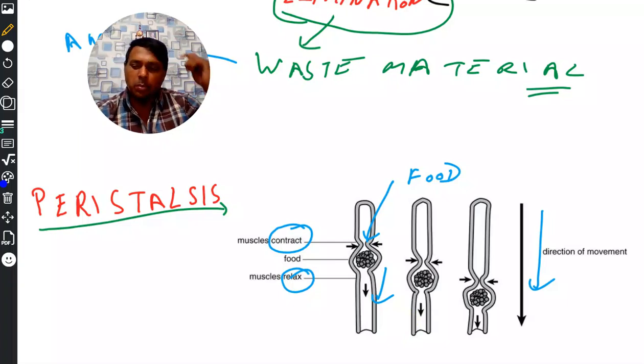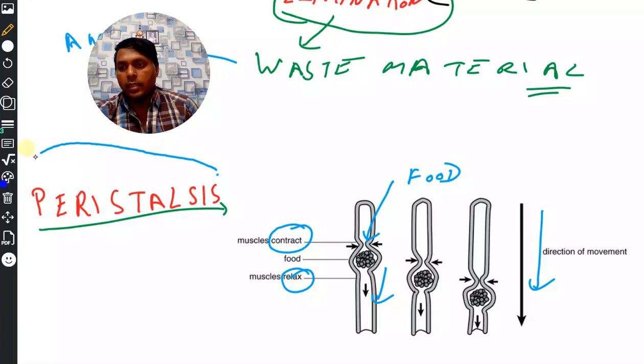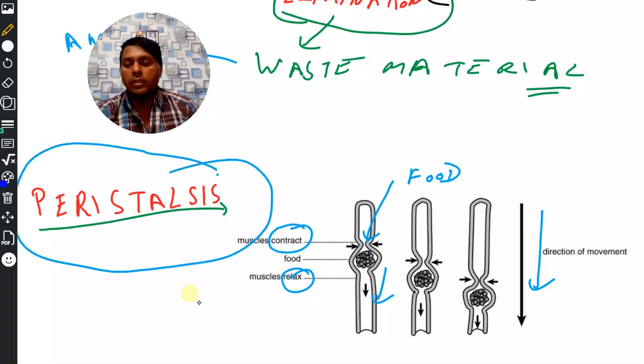So basically you can see the muscular walls of the alimentary canal produce a rhythmic wave-like alternate contractions and relaxations. And these contractions and relaxations, we call it peristalsis. Have you heard this name before?